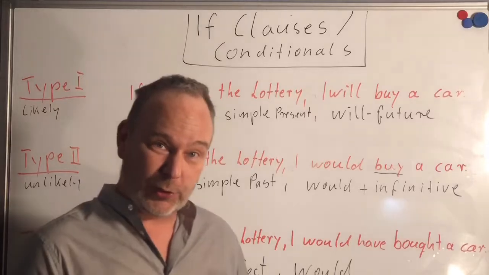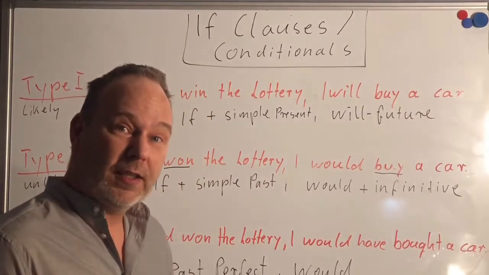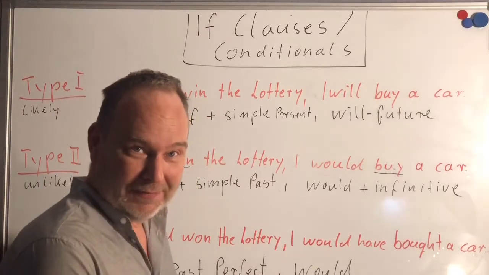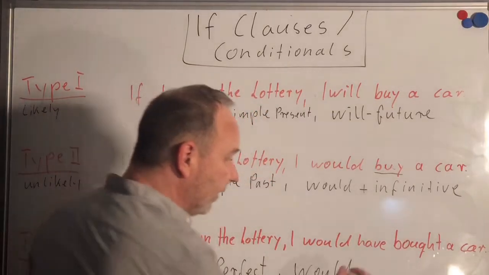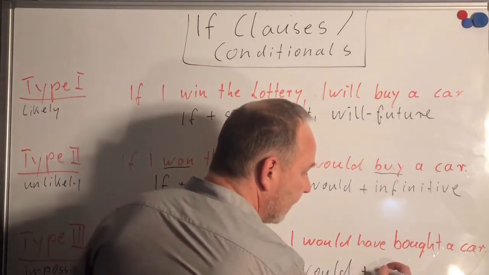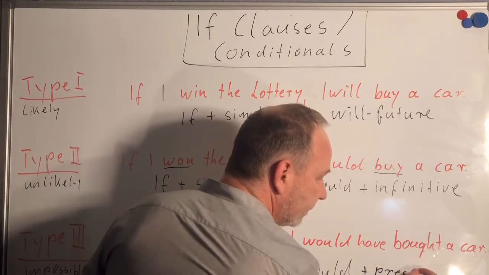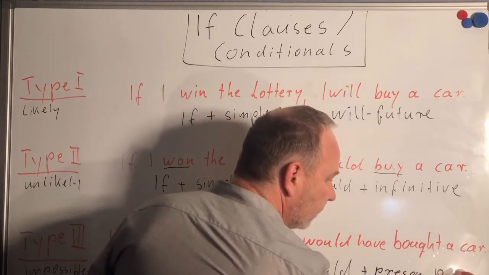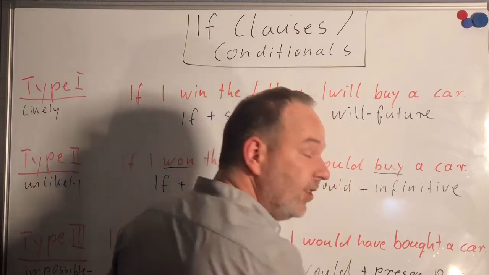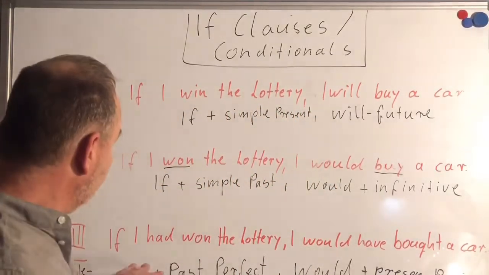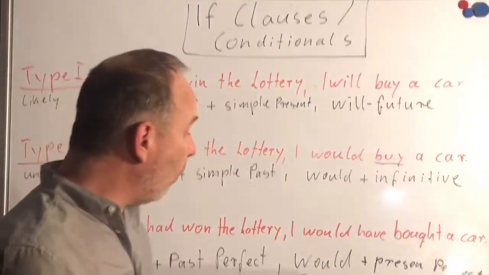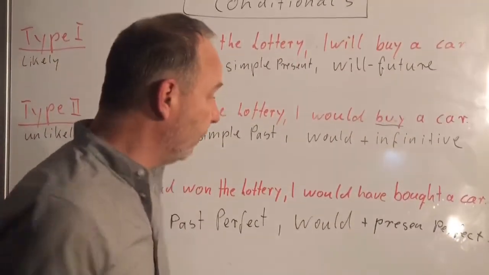What I like to do, I like to call it fake present perfect. Okay? Just to keep it simple. Because if I just say would plus present perfect, it's just easier to remember. Then all you have to remember: if and past perfect always goes together with would and present perfect.